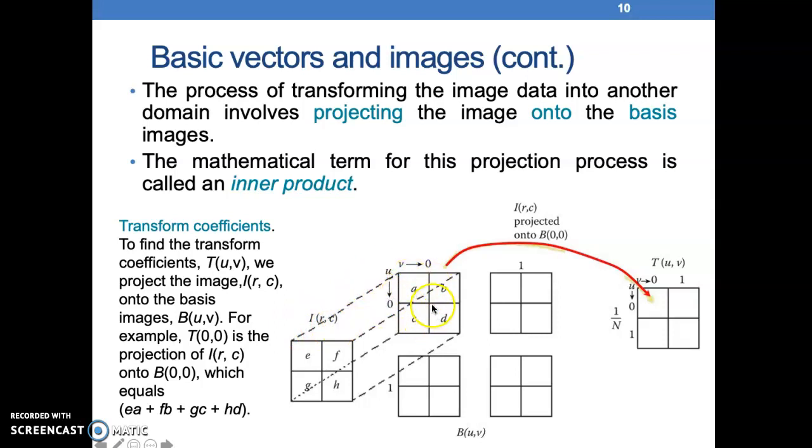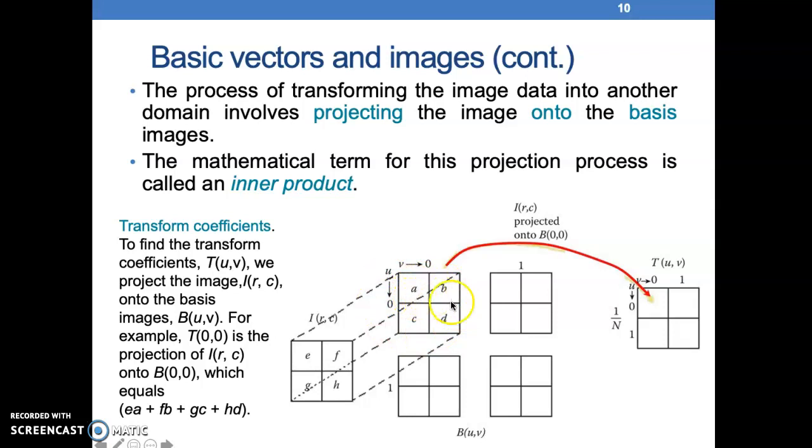These are the basis images. For example, T00 is the projection of I(r,c) and this basis image.